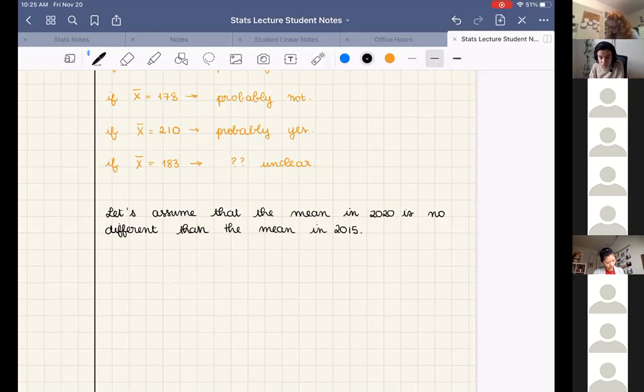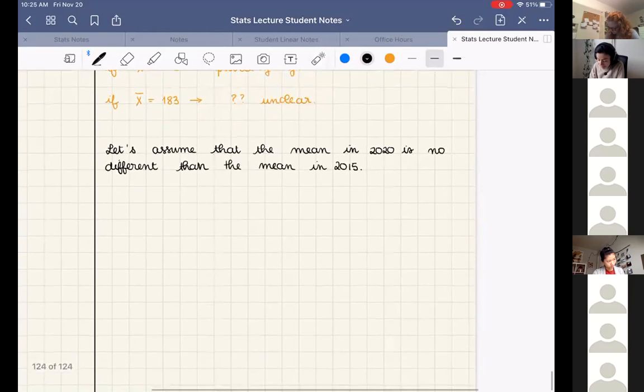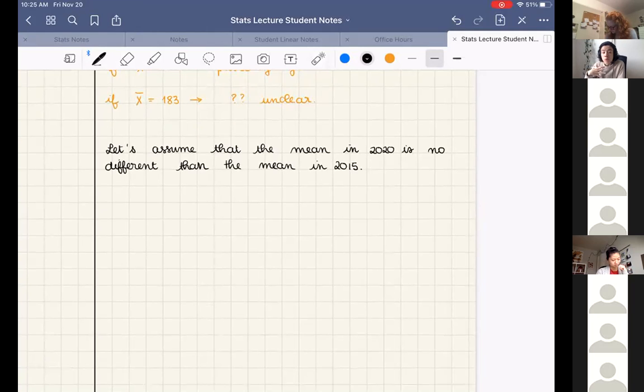Okay, this is the assumption that we're going to make. And then what we're going to try to do is to say, well, if my data suggests that this is not the case, then I'm going to have data that contradicts this hypothesis, right? So what I'm going to try to show is that this is false. I'm going to assume that the two means are the same, and what I'm going to try to show is that my data suggests otherwise.